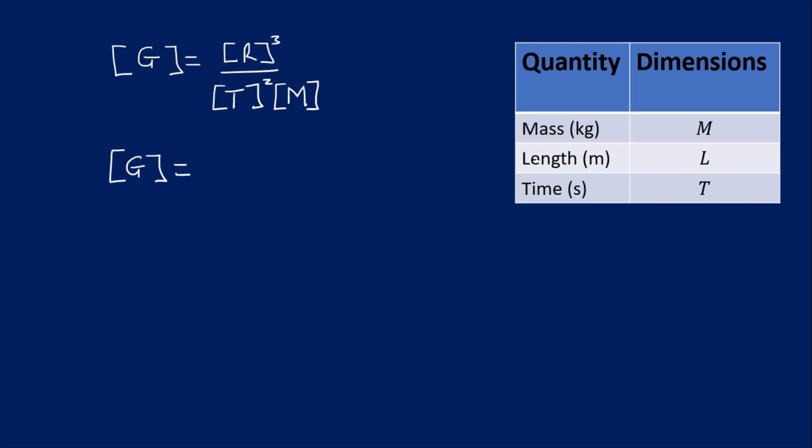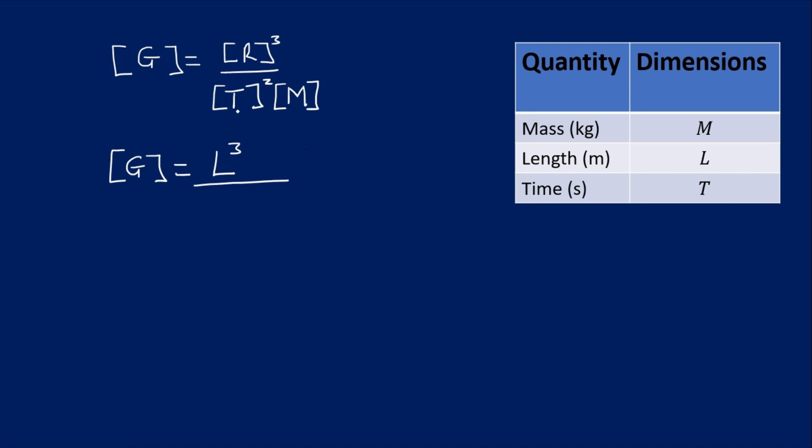So radius is the same as length. So the dimension of r is L, and we have cube here, divided by T, the period, and period is the time taken to complete one oscillation.